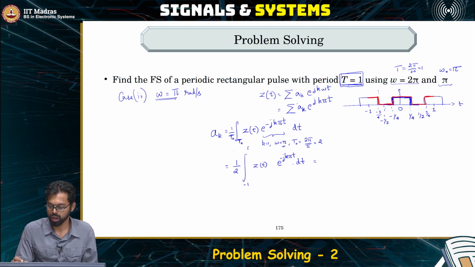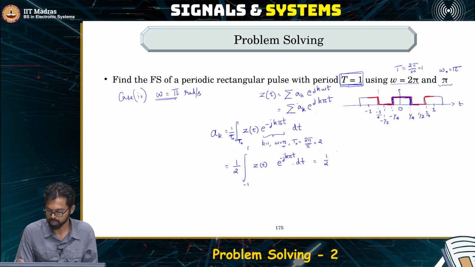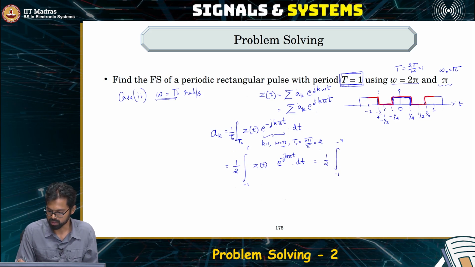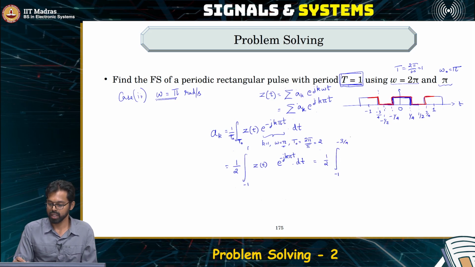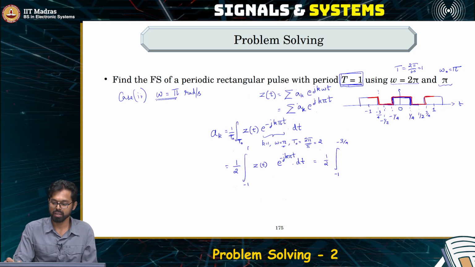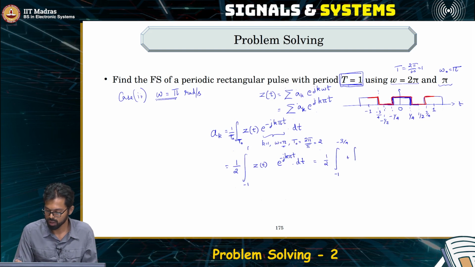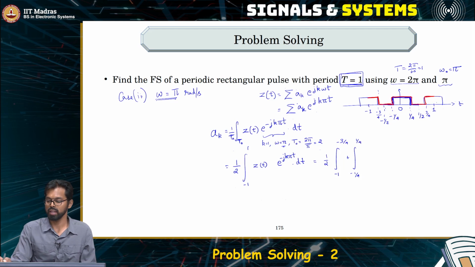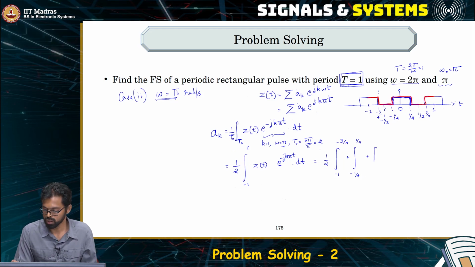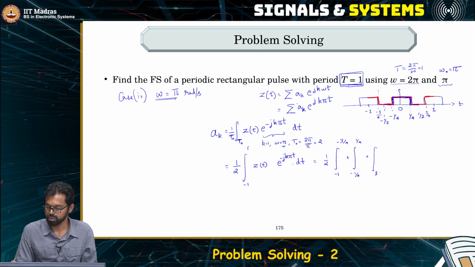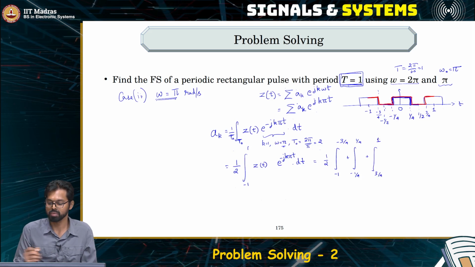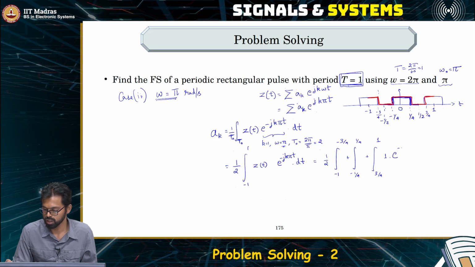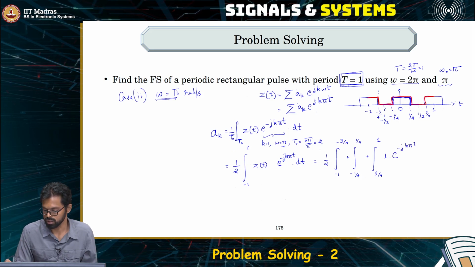So the signal is 1 from -1 to -3 by 4, and then it becomes 0, and then once again it is 1 for -1 by 4 to +1 by 4, and then it is once again 1 for +3 by 4 to +1. So in all these cases it is 1, and this is our integral.